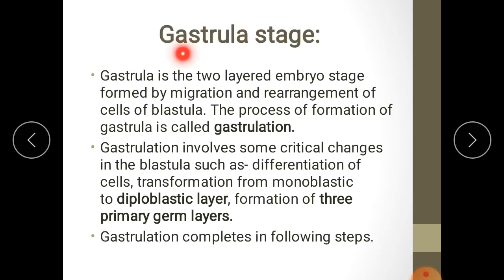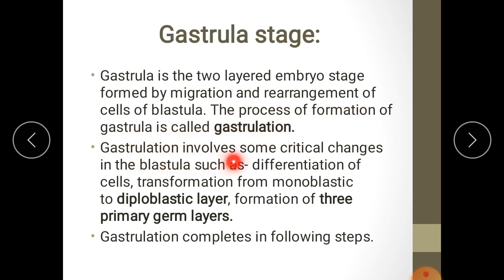So, the gastrula stage. Gastrula is the two-layered embryo stage formed by migration and rearrangement of cells of the blastula. The process of formation of the gastrula is called gastrulation. What is gastrulation? The process of formation of the gastrula is called gastrulation.